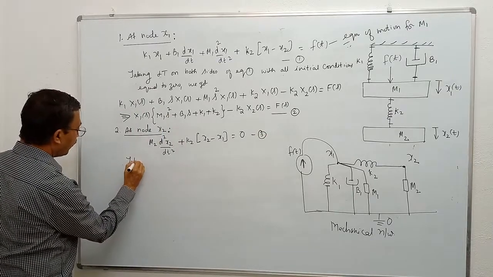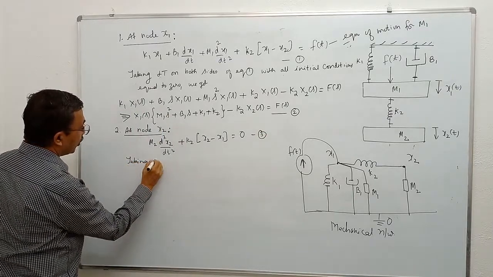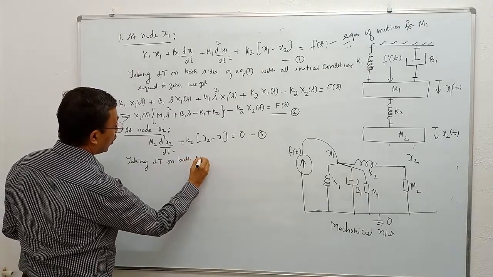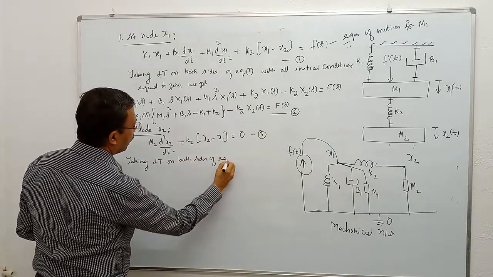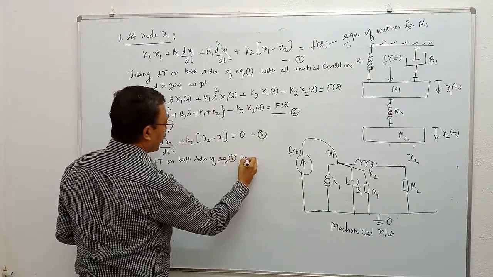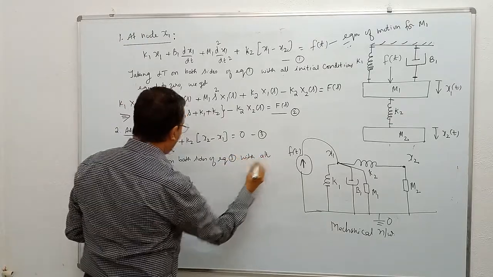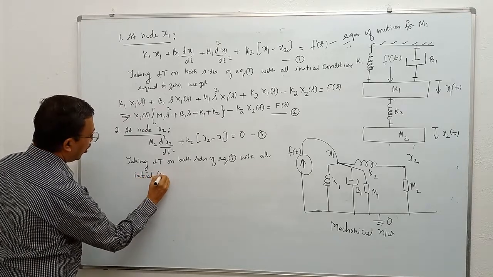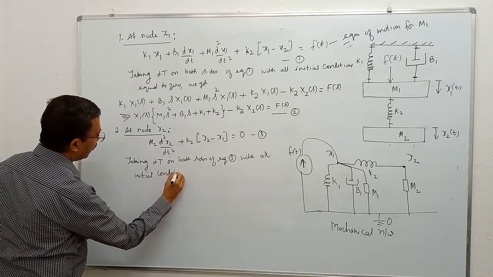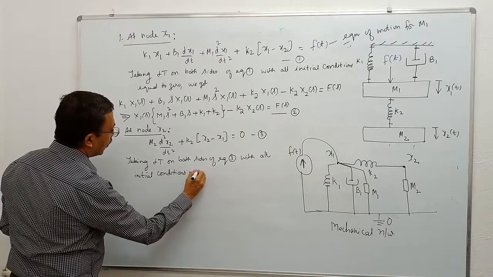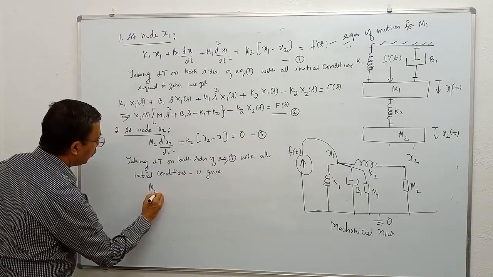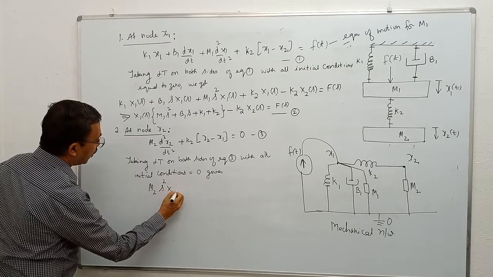Taking Laplace transform on both sides of equation 3 with all initial conditions equal to 0 gives m2 into s square into x2 of s.